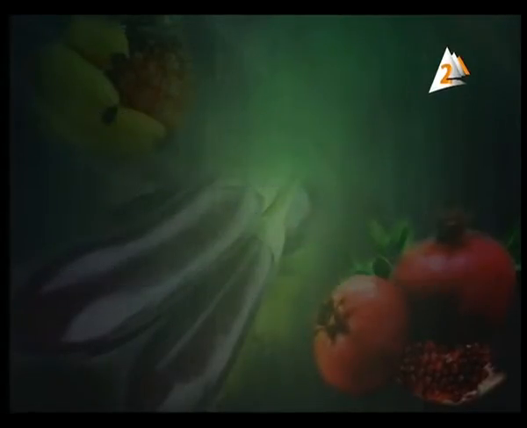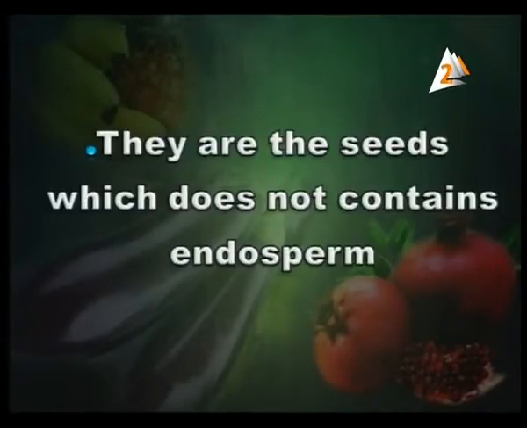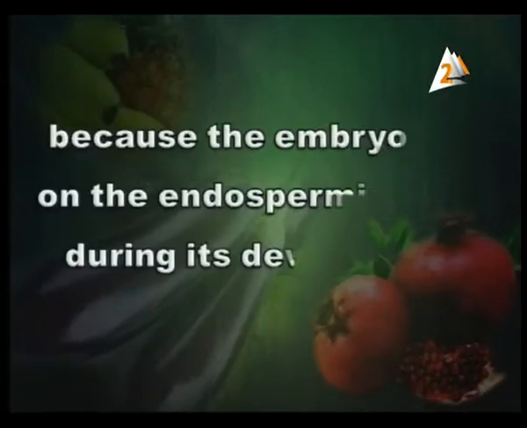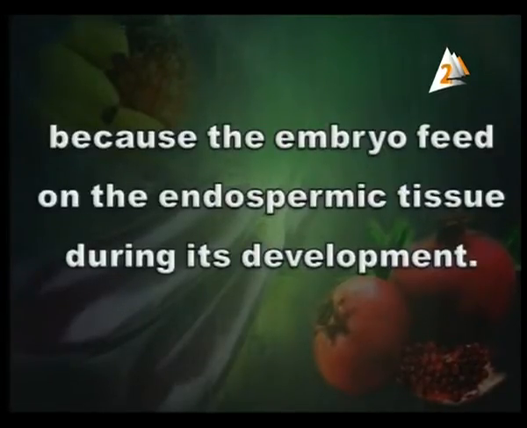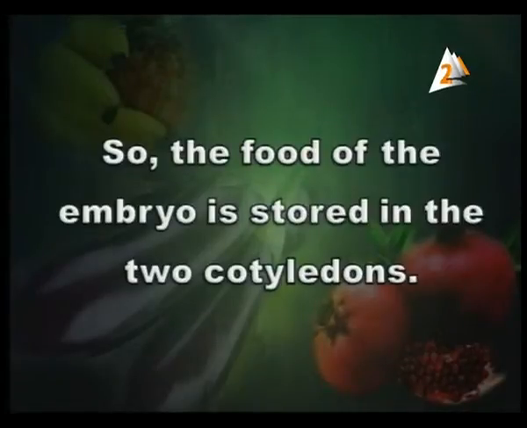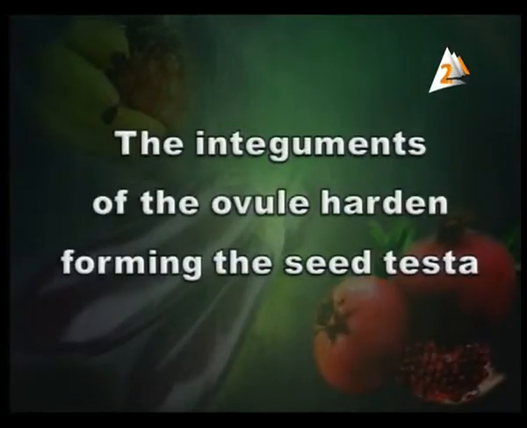In exendospermic seeds, the seeds do not contain endosperm, because the embryo feeds on the endosperm tissue during its development. So the food of the embryo is stored in the two cotyledons. The integuments of the ovule harden and form the testa, or the cover of the seed.